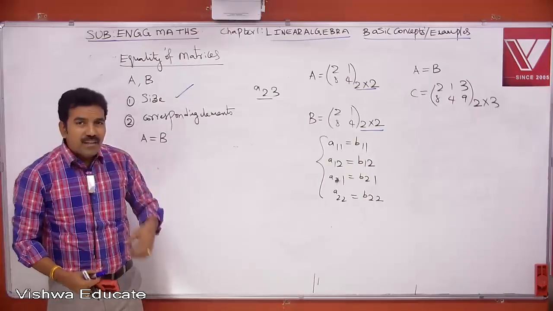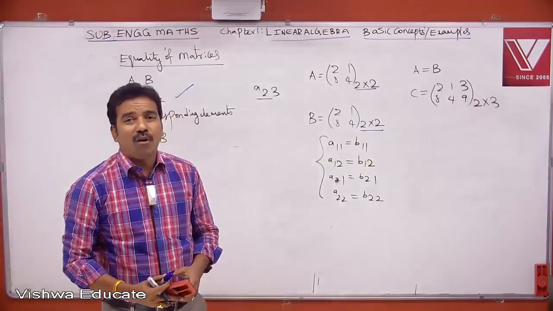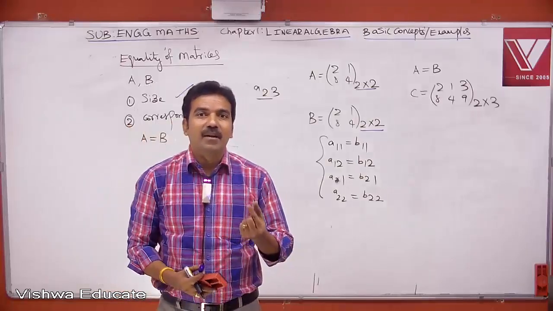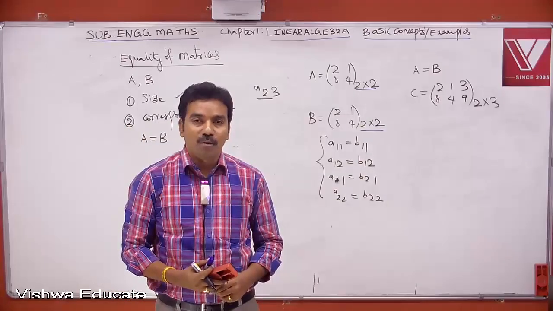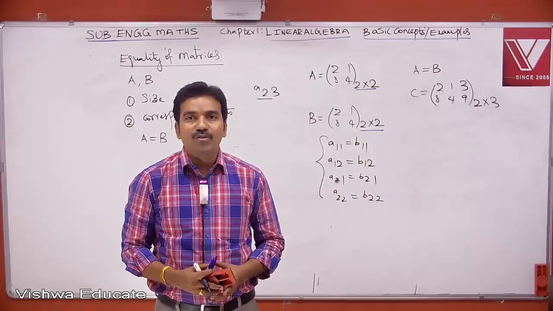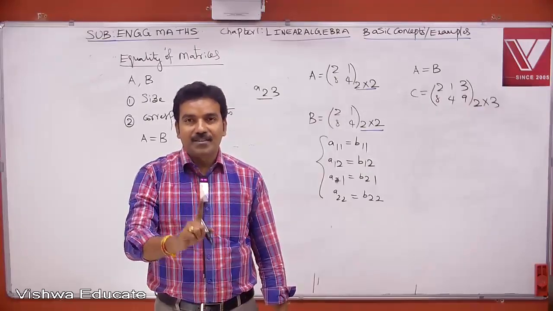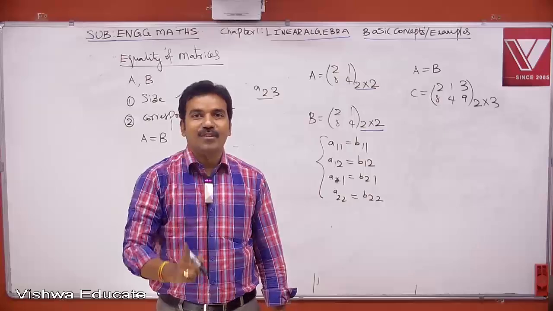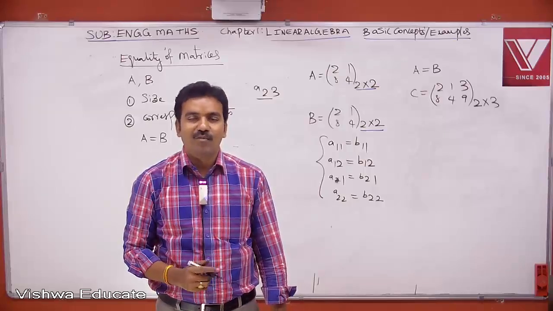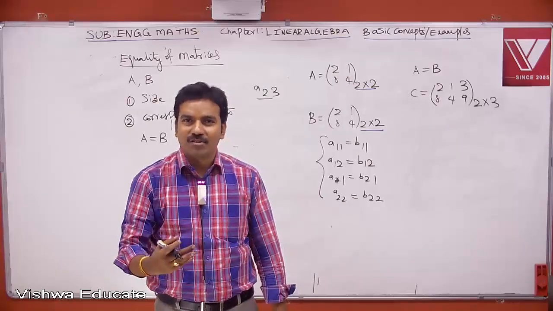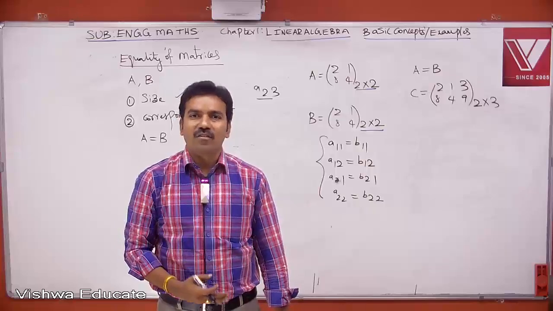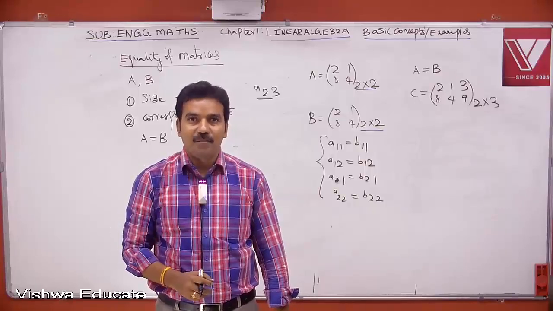Generally, in mathematics, if you want to say that a statement is valid, it must be true in all possible cases. But if you want to say that the result is false, just give an example. Such examples are called counterexamples. We always come across counterexamples. If you want to say that a statement is false, just prove that by taking an example.